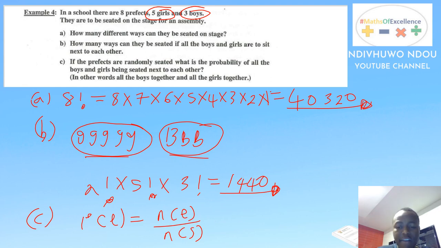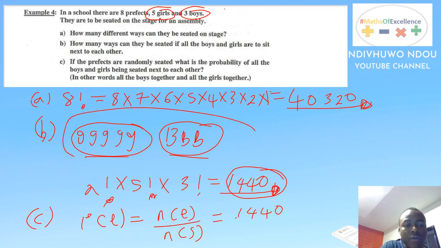The number of favorable outcomes is the number of ways to arrange all boys and all girls together. We already calculated it in B, and it is 1,440 ways.